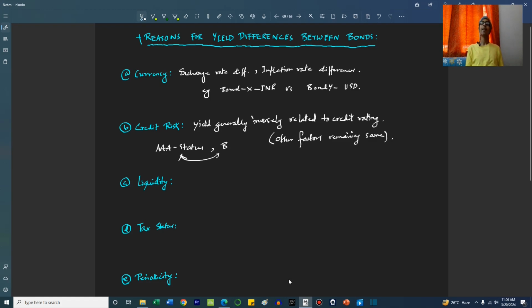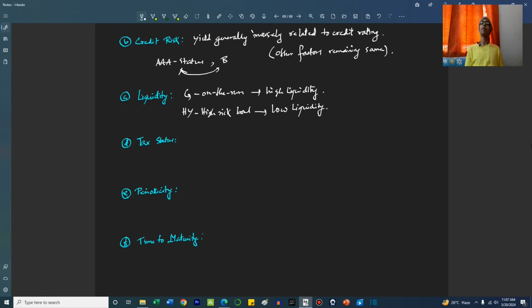Liquidity. Let's say there is a government on the run bond, right? That is the most recent released bond and a government bond. This bond will have very high liquidity. On the other hand, some high yield, high risk bond will have much lower liquidity.